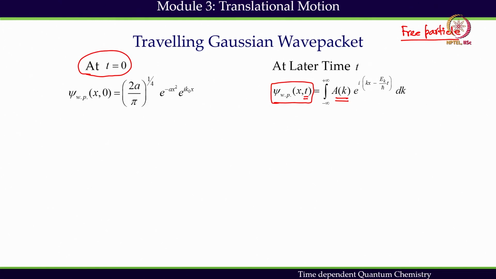Previously I told you, this is the normalized traveling Gaussian. This part is the Gaussian function and it is traveling.